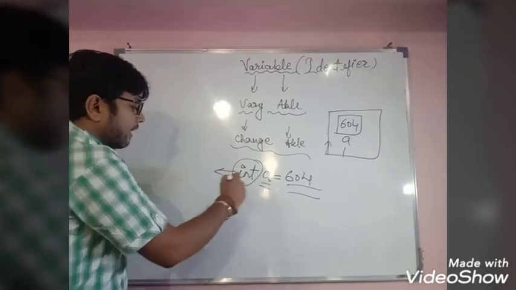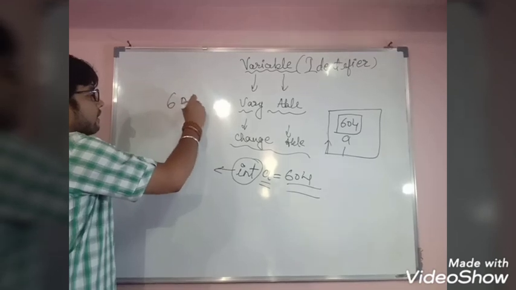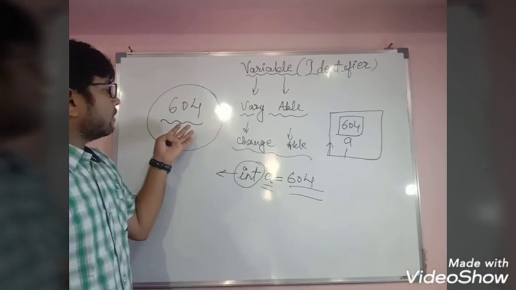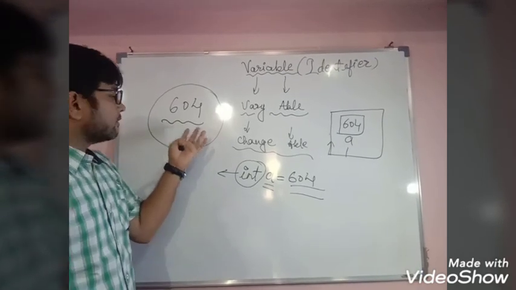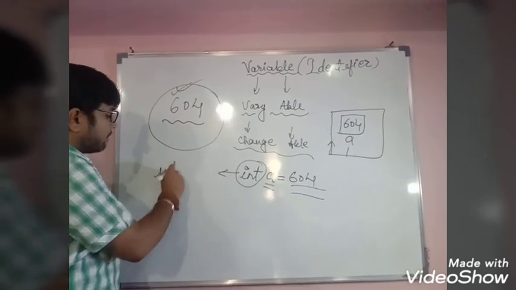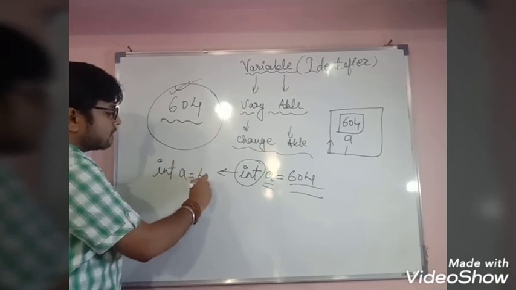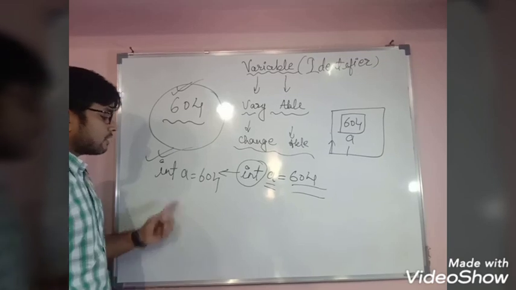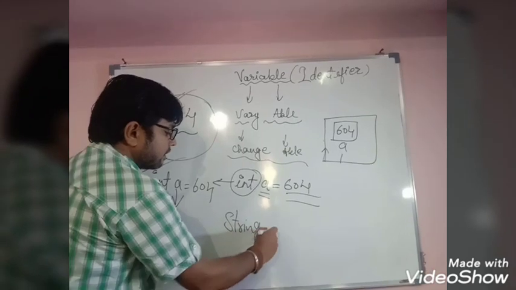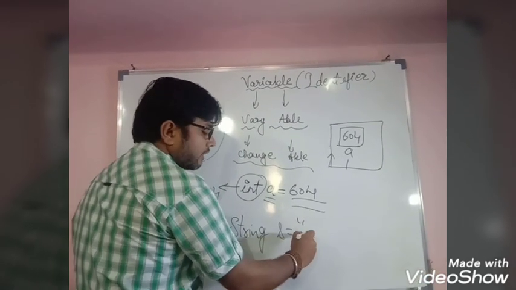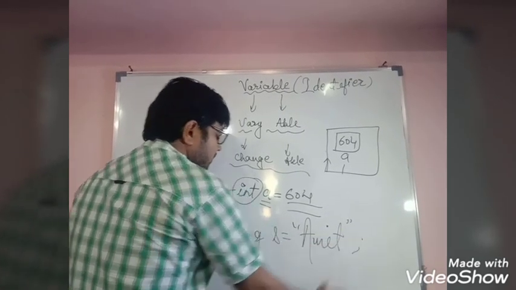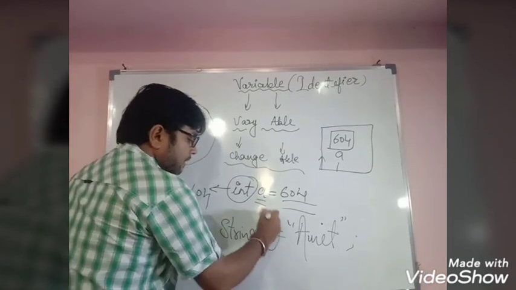But if I write just 604, that doesn't have any meaning in Java programming. So if you want to write 604, you have to assign it to a variable: int a equals to 604. Now it is correct. If you want to write a name, then you have to use String: String s equals to Amit. So this is the variable s.